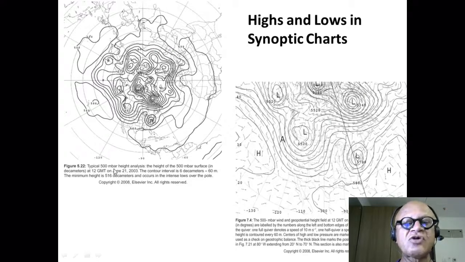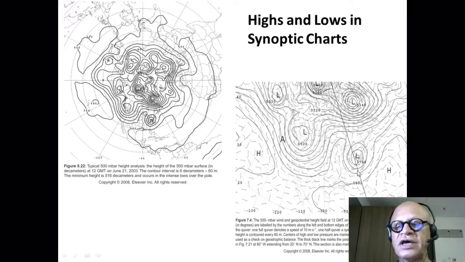So here is again our 500 millibar height analysis. We were going from the tropics, 5.88 kilometers, down to about 4.9 or so. You look at a particular section, 7.4. So this is from the 5th chapter. This is from the 7th chapter. We'll repeat these figures. We just looked at this with our low pressure centers, high pressure centers, and so on.